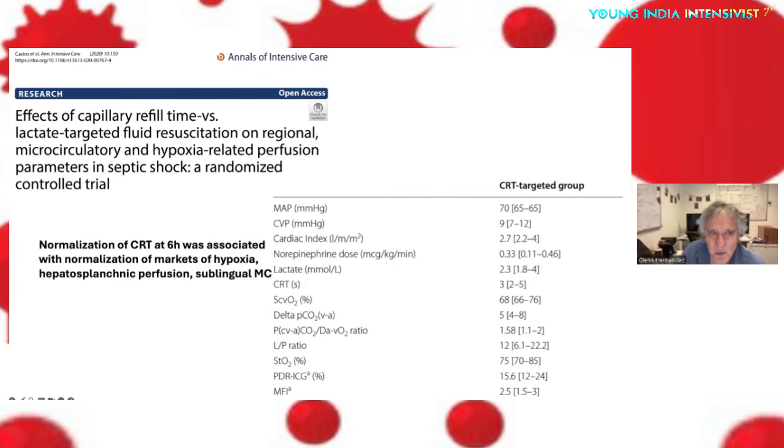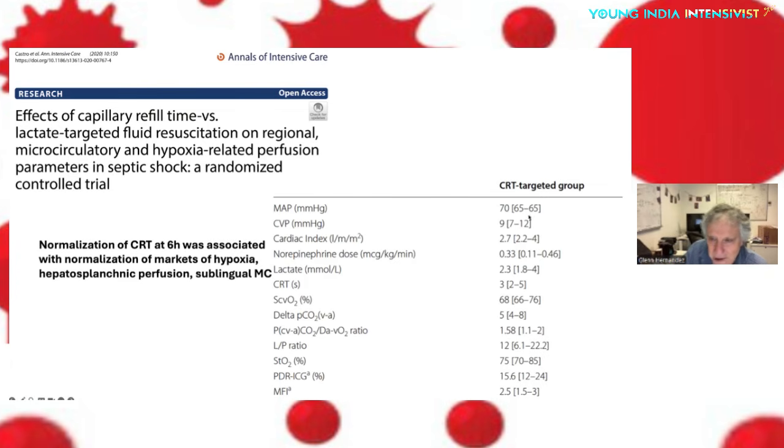For example, in this small physiological study, we demonstrated that the patients that had a normal CRT had also a normal SpO2, normal delta PCO2, normal hypoxia markers like lactate and pyruvate, normal muscle oxygen saturation with NIRS, normal hepatosplanchnic flow, non-invasively assessed by the plasma disappearance rate of indocyanine green, and normal microcirculatory flow index by video microscopy under the tongue.